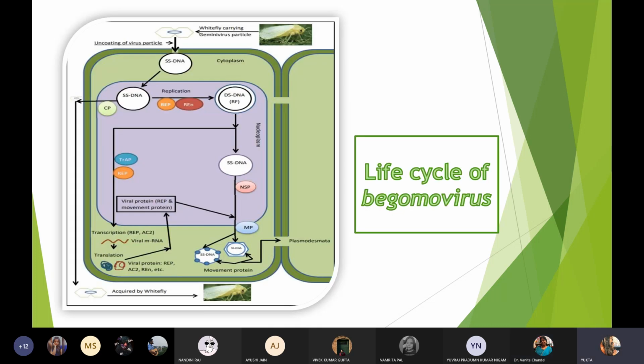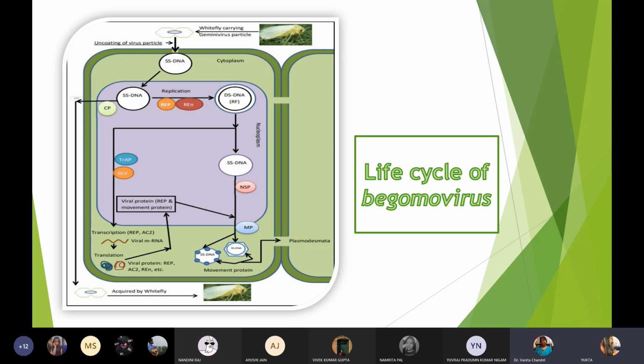So AC1 to 3 are basically the viral proteins that are required for the replication and transcription part. AC1 is a replication initiation protein. It has multiple functions, but here it works as a replication initiation protein, and AC2 works as a transcription factor protein.